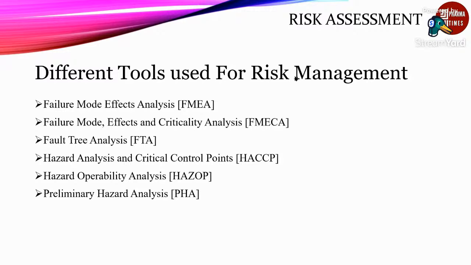Hazard operability analysis means that during operation, if any hazard happens or any emergency occurs, risk is defined based on that. Preliminary hazard analysis means identifying which type of hazard will happen so that we can prevent it. It is used to prevent the hazards which would occur during the operation phase.